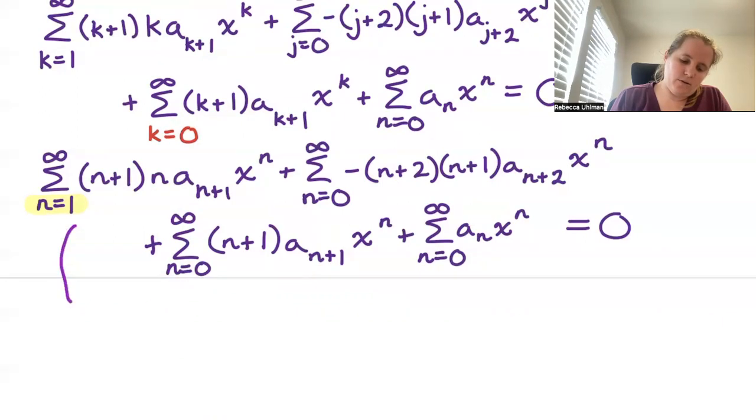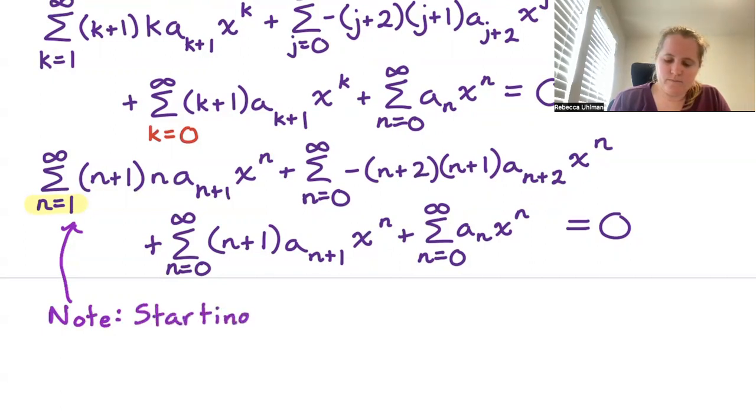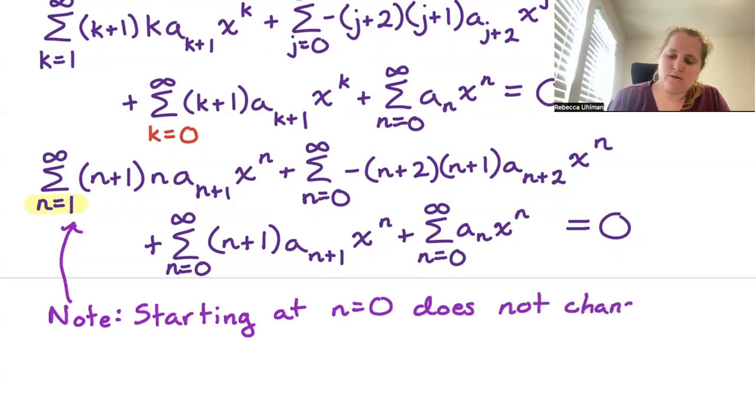So just a note. Starting at n equals 0 does not change the first sum.